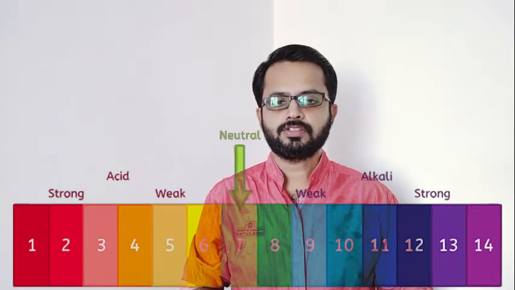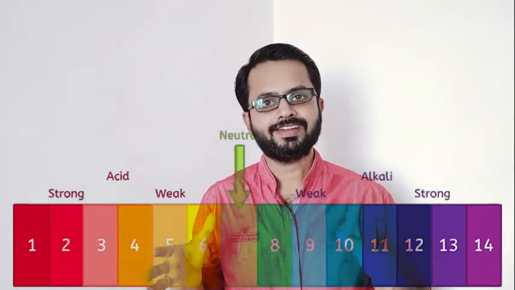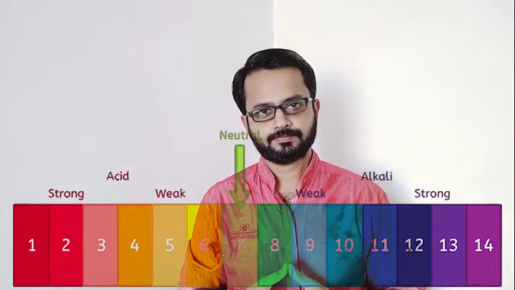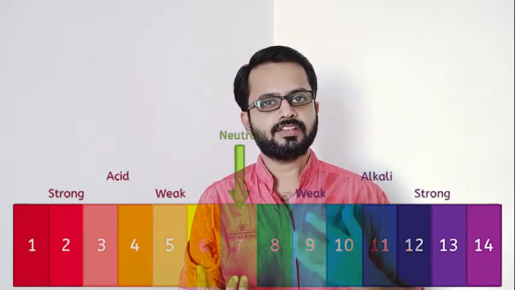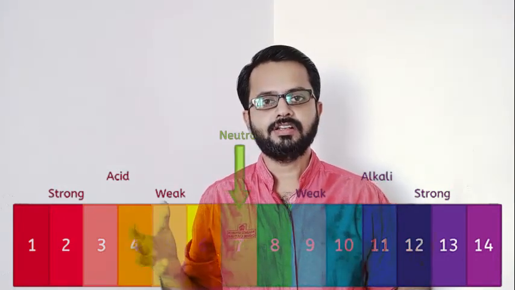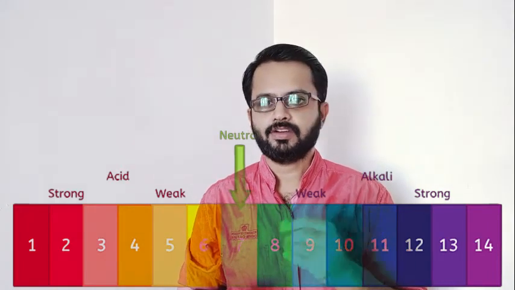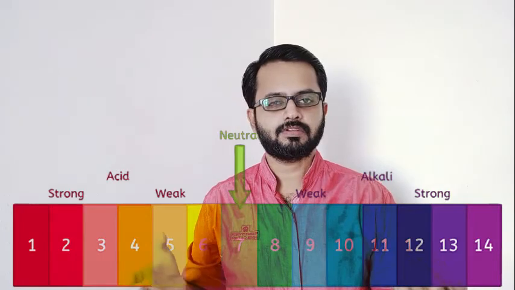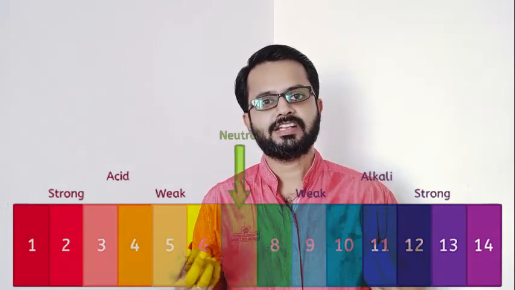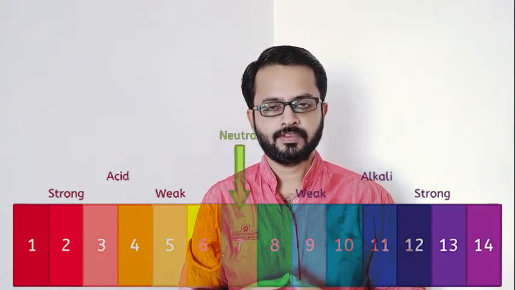When we are using this universal indicator, if you add it to a strong acid, the color of the solution will be red. For example, sulfuric acid, hydrochloric acid and nitric acid are strong acids. The acids contained in food items we get at home, like lemon juice and fruits, are weak acids.